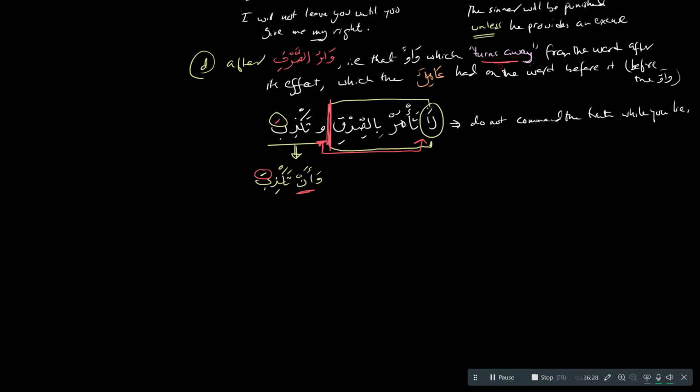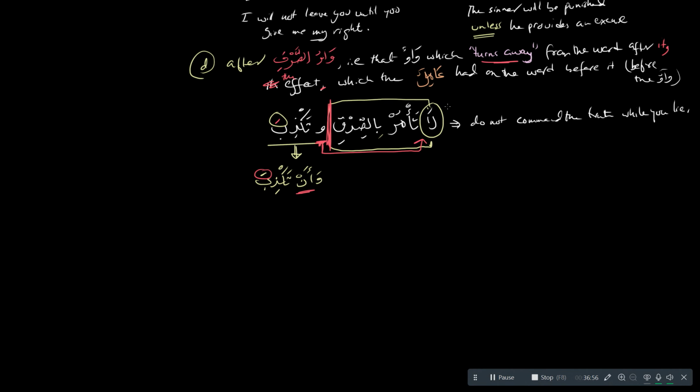It is the waw which turns away the word after it, the taksibu, from the effect which the amil had on the word before it.